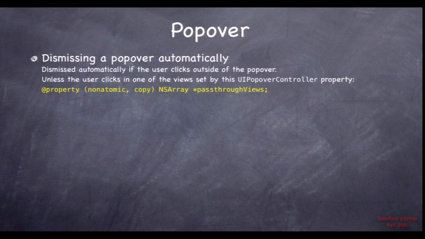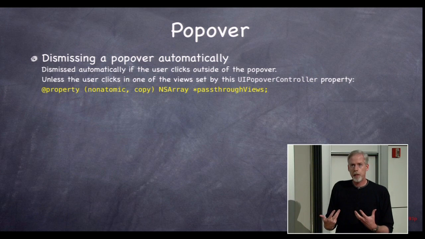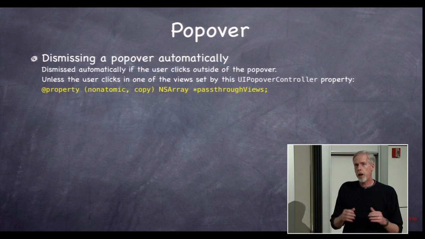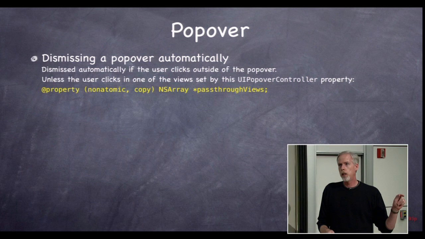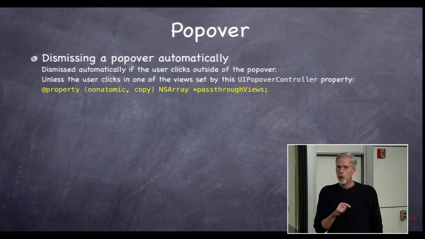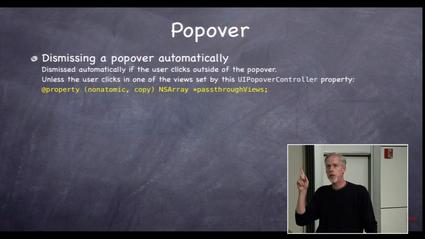All right, so dismissing a popover. You've got a popover on screen. Now you want to dismiss it, get it off screen. Usually the user does it, but there are two ways they might do it. One, if they touch anywhere else on screen besides in the popover, it will dismiss that popover, unless they tap on a view that is in this array of pass-through views that you can pass to the popover.